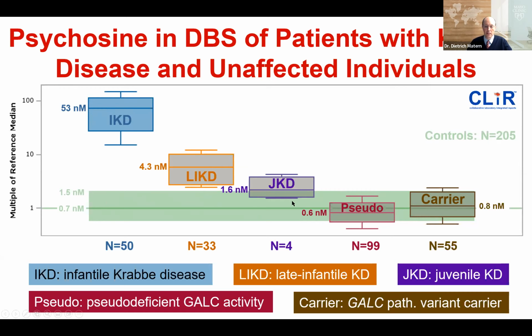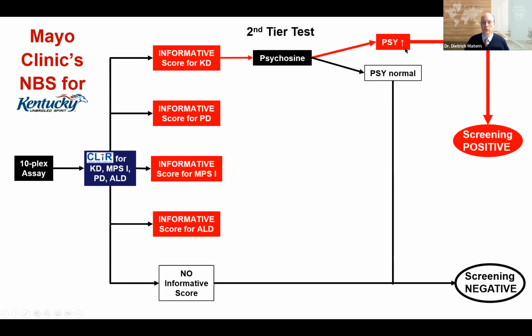And then in the 4 cases of juvenile Krabbe disease we have, you can see that half of them basically had psychosine in the normal range. Now, these are not all newborn screening samples, so we do not know whether this psychosine would have been higher in the newborn blood spot. You can see babies with pseudodeficiency and carriers that have totally normal psychosine. So if psychosine then is abnormal, elevated in our newborn screen for Kentucky, then the screen is positive. And if it's normal, the screen is negative.